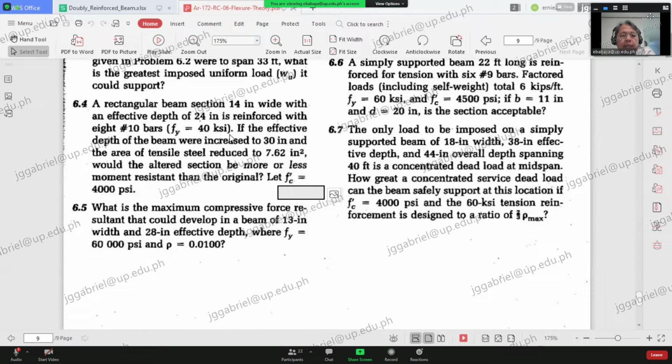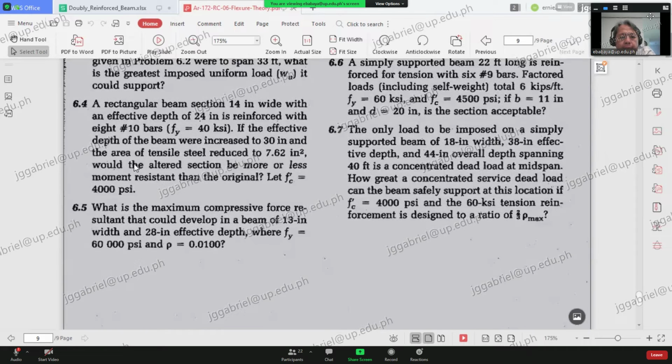If the effective depth of the beam were to increase to 30 inches and the area of tensile steel reduced to 7.62 square inches, would the altered section be more or less moment resistant than the original? Let F prime C be 4,000 PSI.